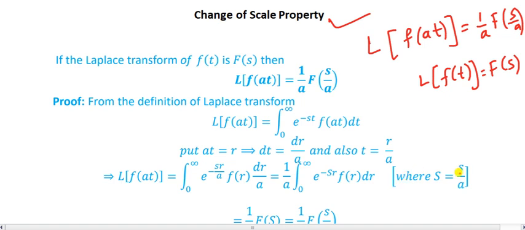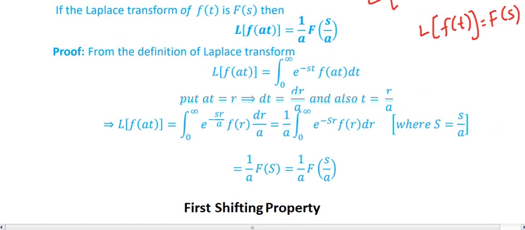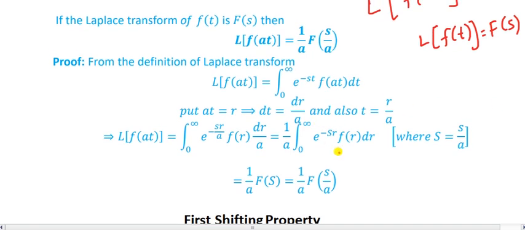So by doing so, what we get is 1 divided by a times f of s.